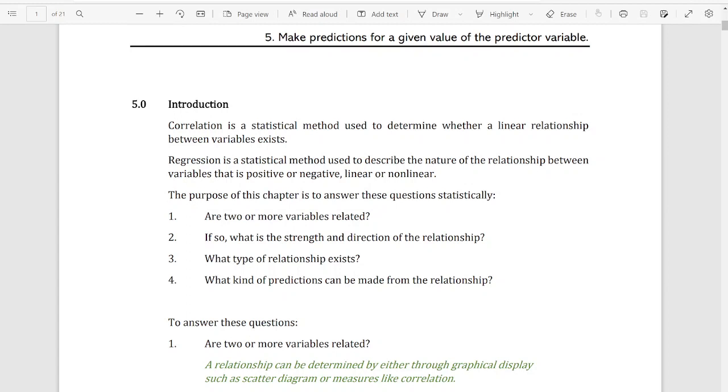So what we are looking at right now is only the Pearson product moment correlation coefficient, whereby kita hanya deal untuk melihat perkaitan antara dua pemboleh ubah yang bersifat numerik. Contohnya, katakan saya ada test score bahasa Inggeris dan juga test score mathematics.